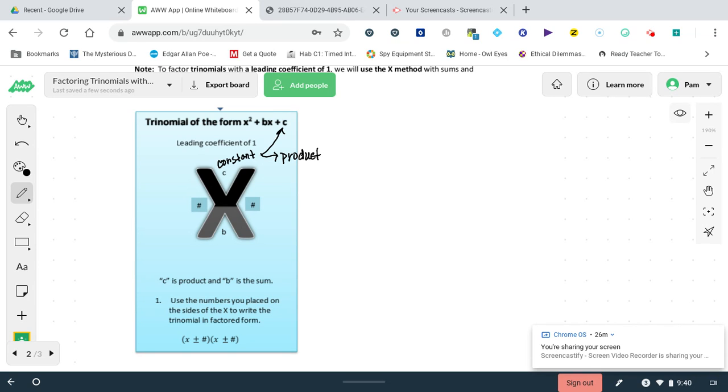Now look down here at b. b represents the coefficient of the middle term.